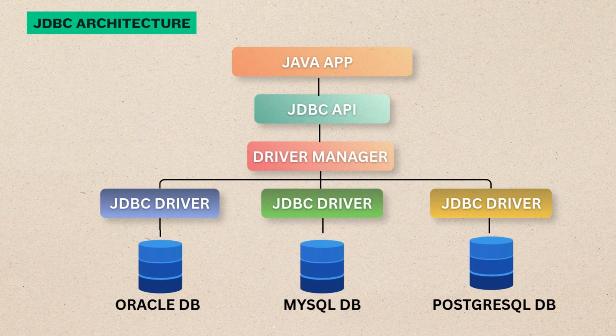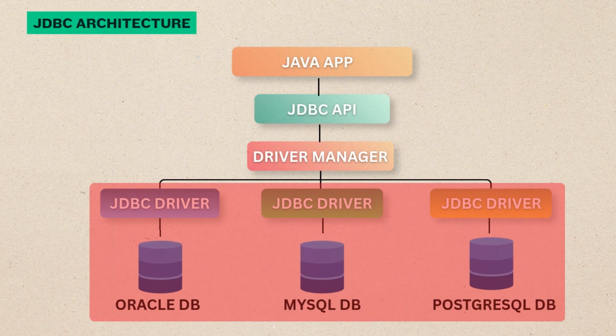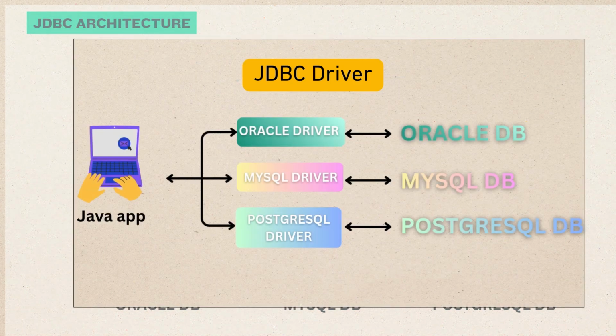Now let's understand the next component in the architecture, which actually performs this communication: the JDBC driver. The JDBC driver is database specific. Each database vendor provides its own JDBC driver that implements the JDBC API, so that Java applications can communicate with that specific database.